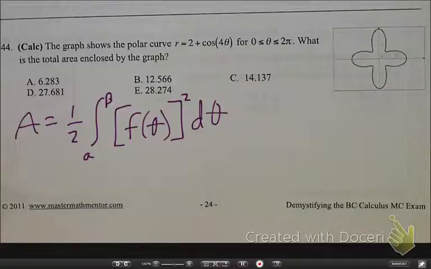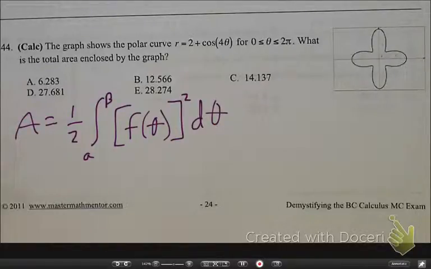So it's really similar to just finding the normal area under a curve. The only difference is that you have to take half of it and then square the actual function inside of there. You can actually input it straight into your calculator in polar form.